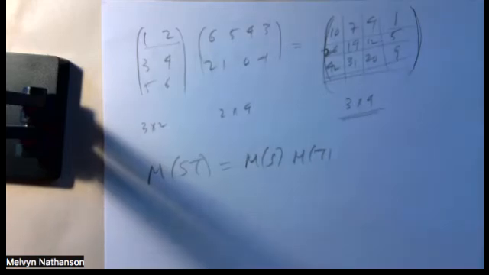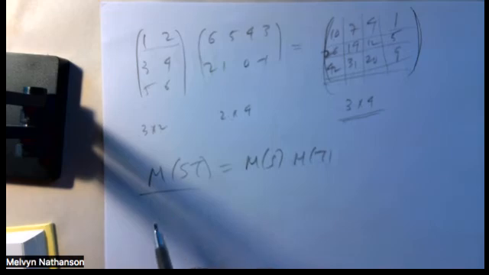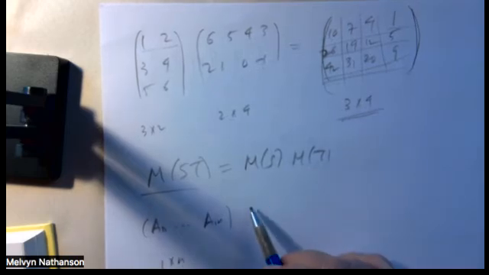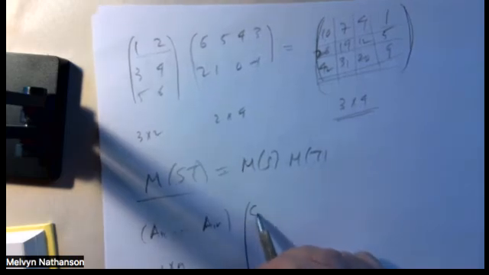So there's one very, very nice way to look at matrix multiplication. Suppose we have a matrix with just one row, this is a 1 by n matrix, and another matrix with one column.